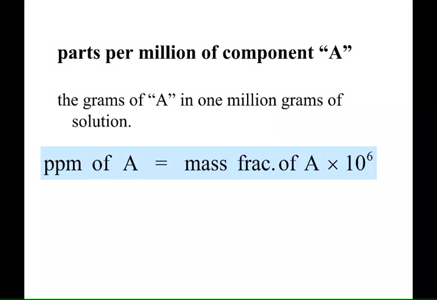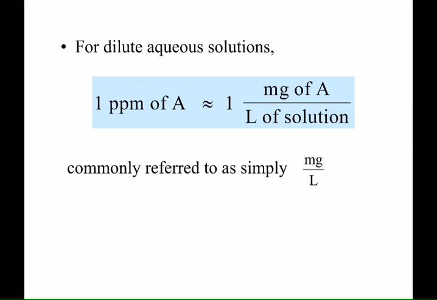Makes sense? So here's one for you. I mentioned that a lot of times parts per million is reserved for environmental samples, because they're pretty dilute. If it is an aqueous solution, where the solvent is water, then we have a neat thing, and again, it's not on your list of 6 ways of describing how concentrated a solution is: parts per million approximately becomes milligrams of the solute per liter of the solution, if it's dilute aqueous.